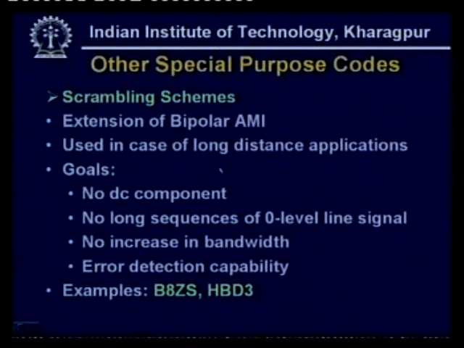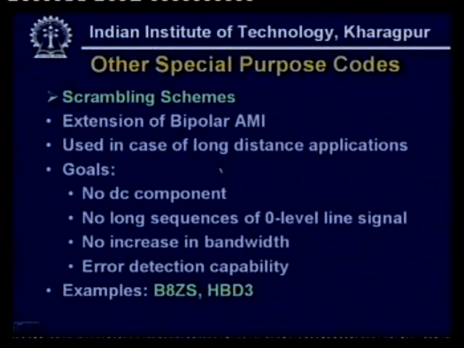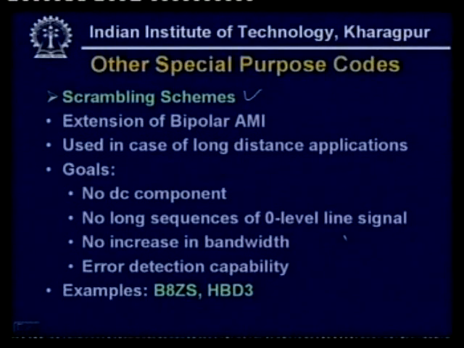Now, we have seen that bipolar AMI has very good characteristics, but unfortunately it has bad signal characteristics. The bandwidth characteristic is bad, which can be improved by a technique known as scrambling scheme. This can be considered an extension of bipolar AMI, particularly when we are sending signal over a long distance.